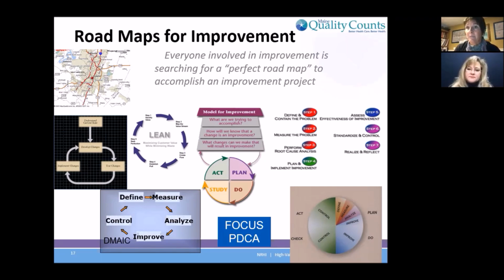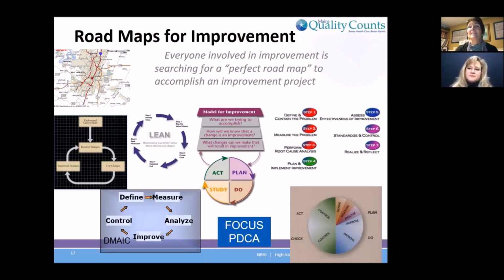Or Lean Six Sigma, as systems work to make their processes more and more reliable, shoot for zero defects. Again, they call it DMAIC: define, measure, analyze, improve, control. So I've seen some of that. But today, and those are fine. There is no perfect roadmap, and some of you may use one or the other of these, and it doesn't really matter.